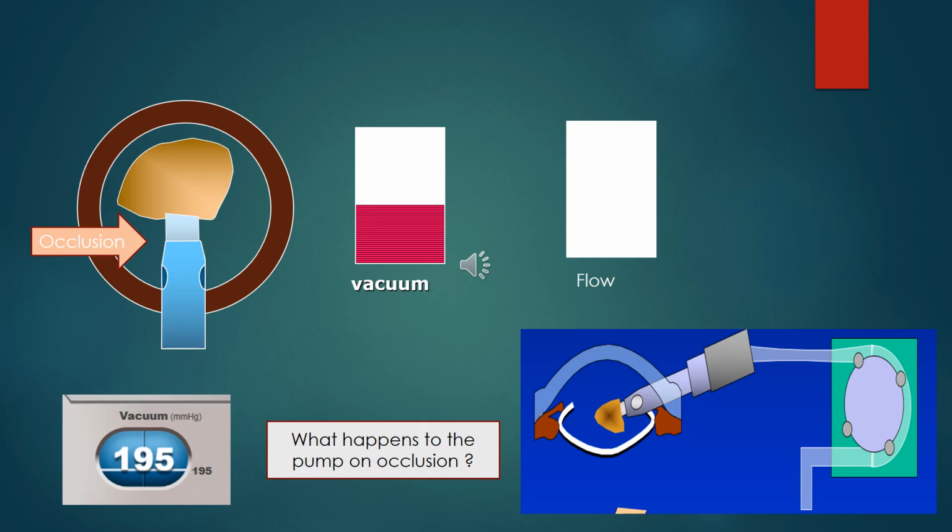The pump will rotate and it will stop only when the preset vacuum reaches 195. As you have got your preset vacuum, the occlusion tone comes, and then you use the phaco power. You go down to foot switch position 3 and use the phaco power.